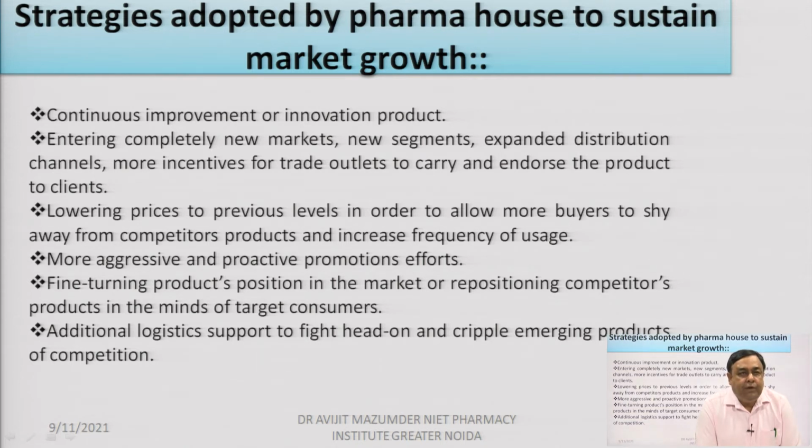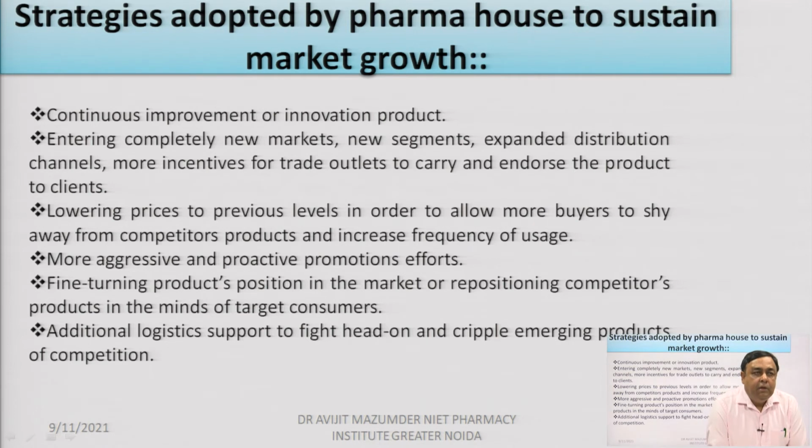Continuous improvement or innovation in the product, entering completely in the new market, new segment, expanded distribution channels to be used, more incentives provided to the trade outlets to endorse the product to the customers, more incentive, more margin they are given to the people who sell it, so that they go on promoting their product directly to the customers.